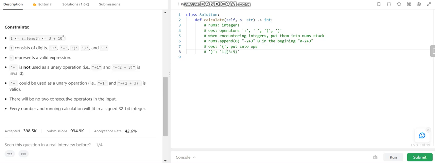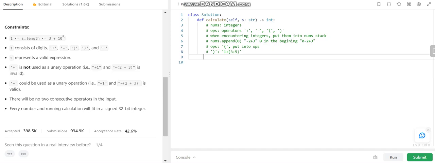And to make it more complete, I will add 1 plus here. And then let's deal with plus or minus.